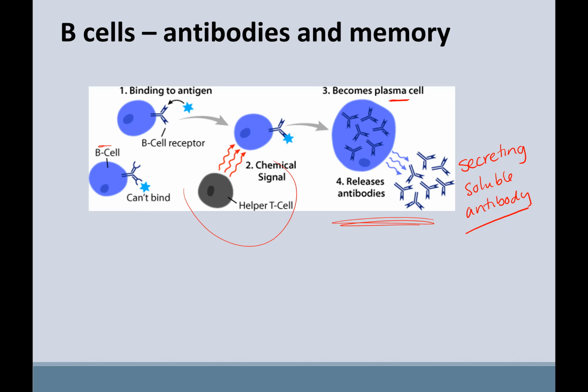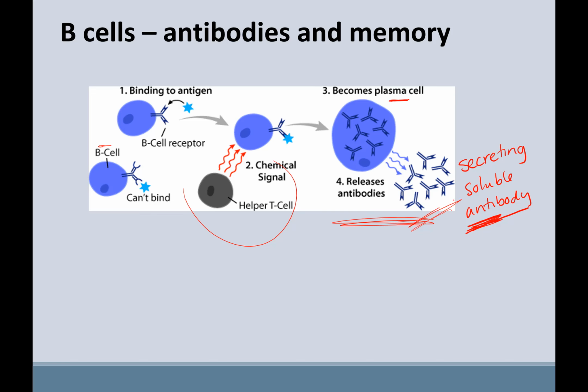So one of the ways they can test to see if you've been infected with something specific is to take a little bit of your blood and test for antibodies. Do you have antibodies to Zika virus? Do you have antibodies to HIV? Do you have antibodies to influenza? Do you have antibodies to hepatitis?